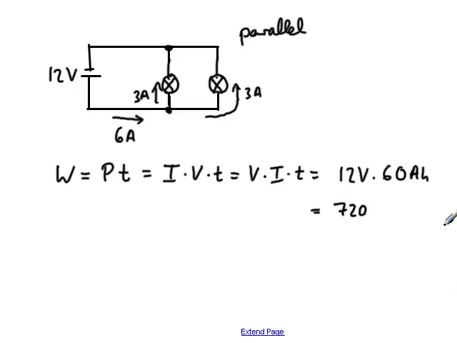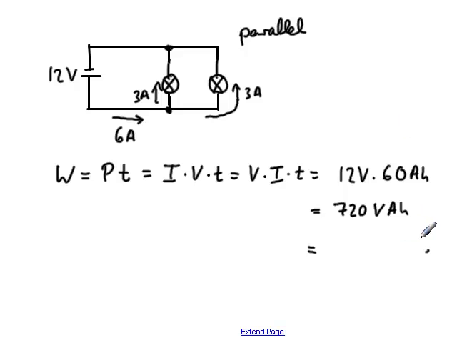However, I should convert that to volt amp seconds. And in volt amp seconds, that would be the basic standard unit for work, which means that is actually the joules.